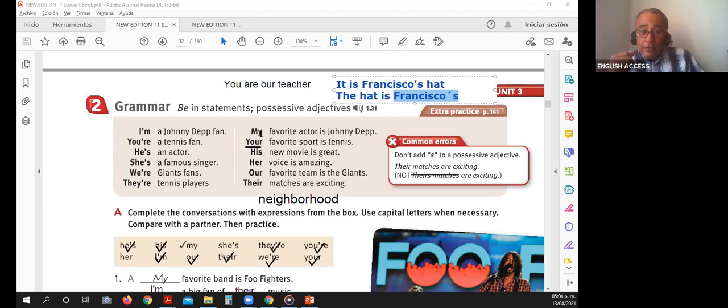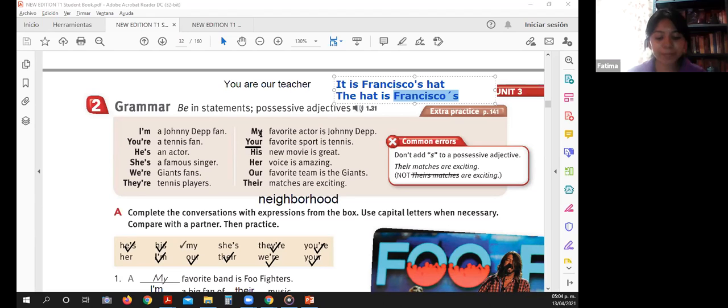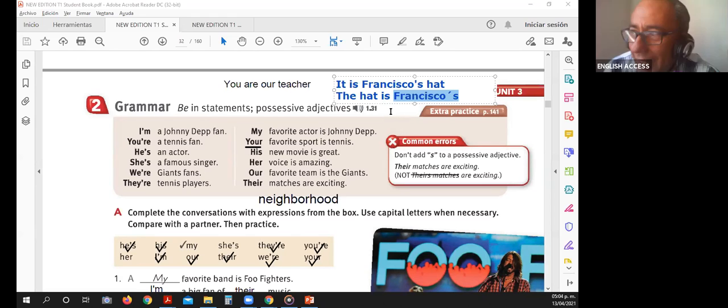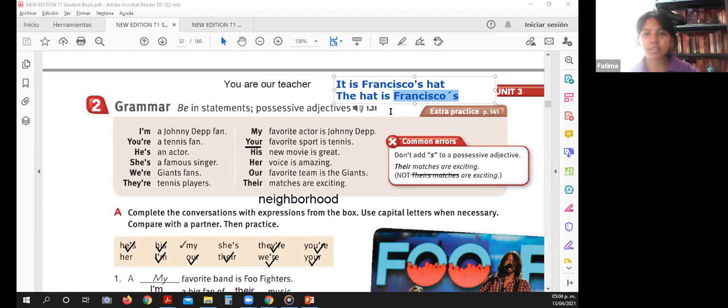Everything clear? Yes, Fatima? Teacher, para decir en este caso el sombrero de Francisco, ¿se dice Francisco's hat o de Francisco hat? The hat is Francisco's. In the second sentence, it may sound like this.